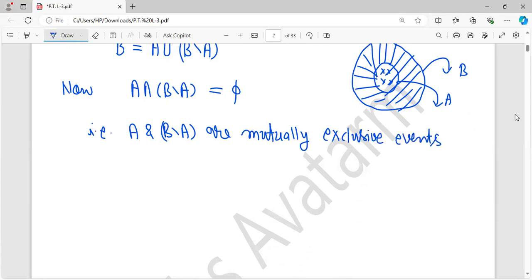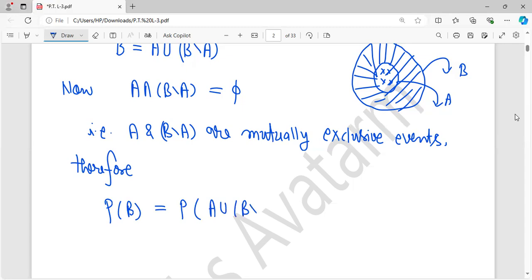Therefore, if we have mutually exclusive events, then the probability of their union is nothing but the sum. It means probability of B is equal to probability of A union (B minus A). Since A and B minus A are mutually exclusive, the probability will be additive here. So it will be probability of A plus probability of B minus A.